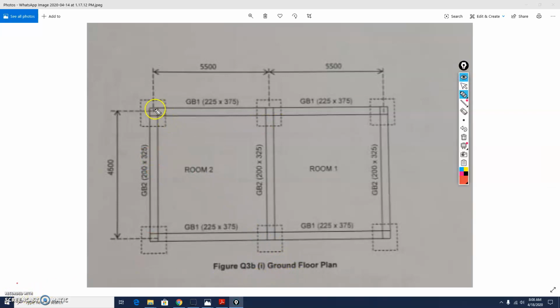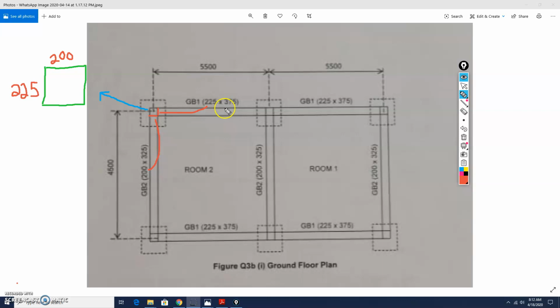So meaning that for your column here, the cross section here will be 225 and the cross section here will be 200. So the cross section size of your column will be 200 times 225.